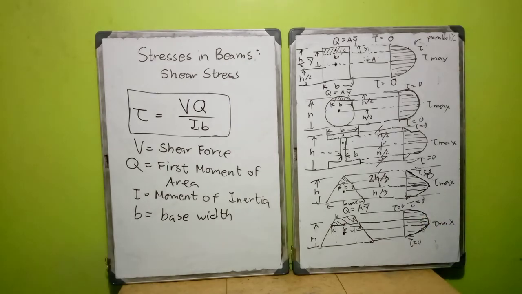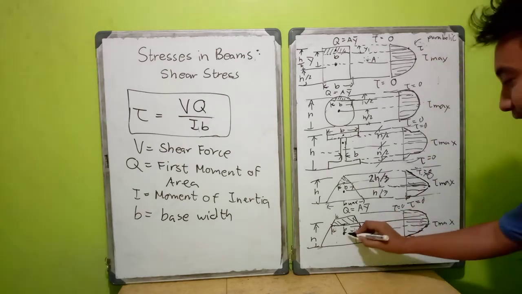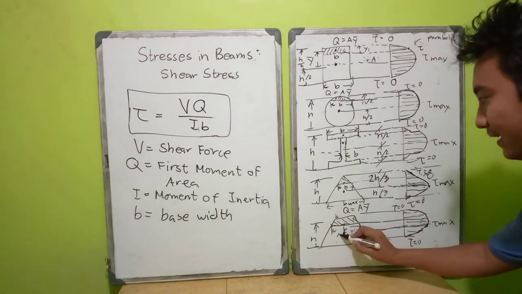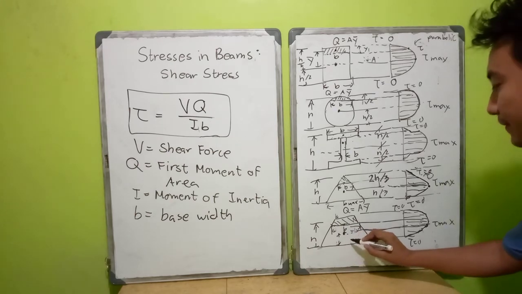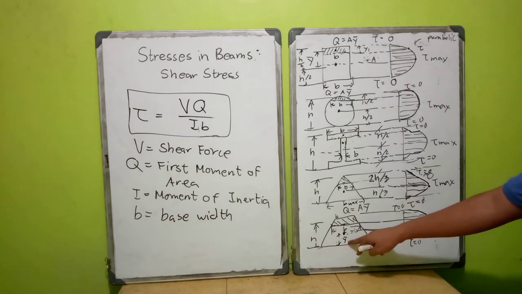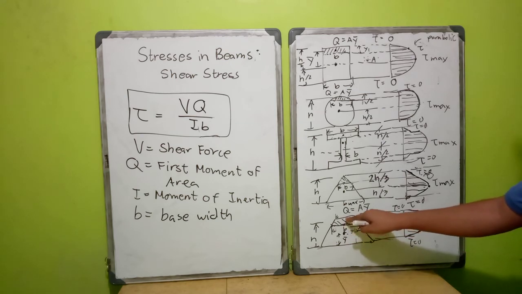So this is not parabolic anymore, but it is quite skewed. I mean, it is not a symmetric parabola anymore. It is skewed downward, since the location of your y bar, or the location of your centroid parallel to the y axis, is nearer to the bottom than to the top.